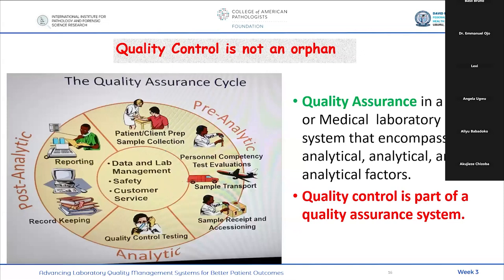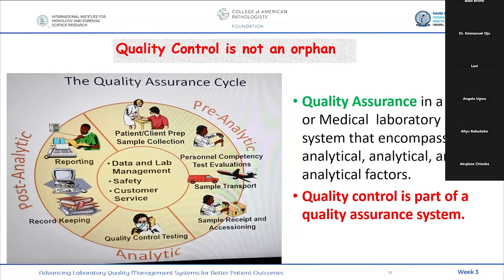And this slide explains the QA cycle, looking at the pre-examination, the examination, and the post-examination. There have been reports also that laboratory errors actually occur more at the pre-examination phase, more than even the examination phase.